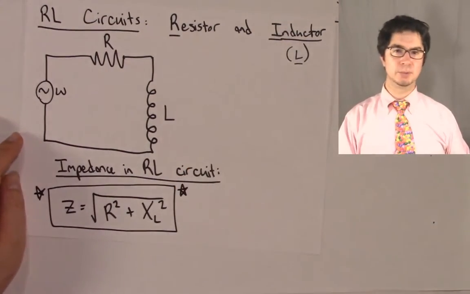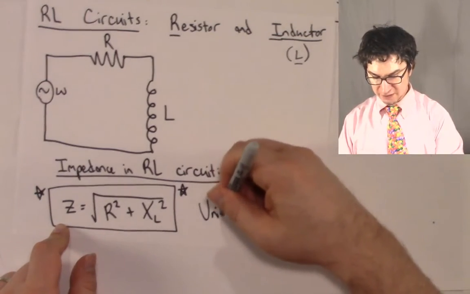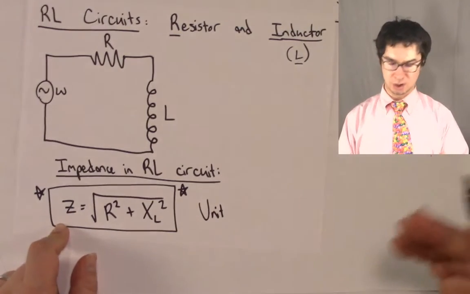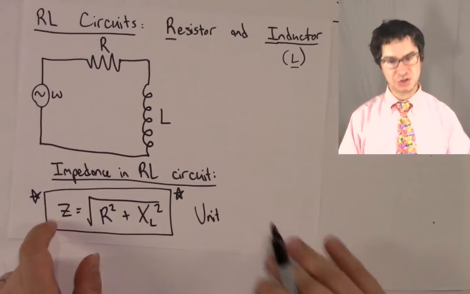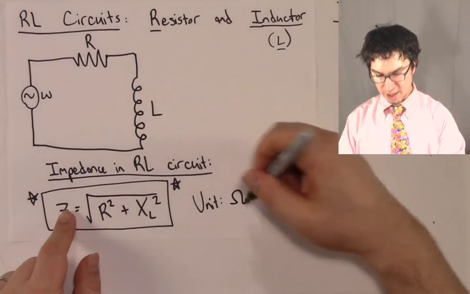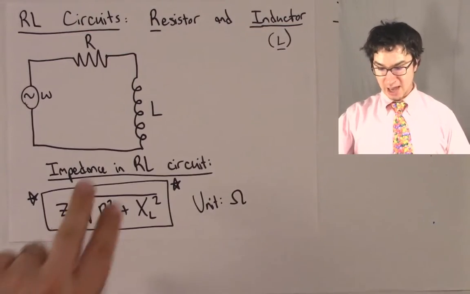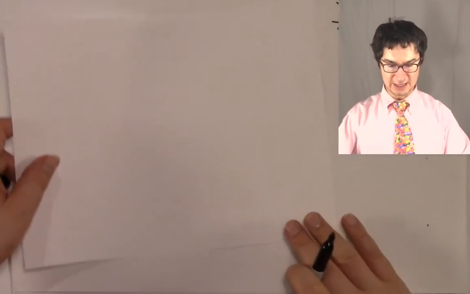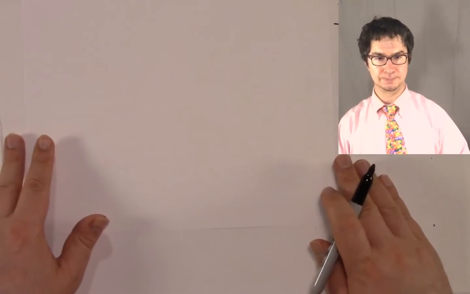And I want to take a moment to really emphasize that because the unit for all of these quantities, the impedance, the reactance, the resistance, is the ohm, they all behave like resistors. And because they behave like resistors, you really have to keep this equation in mind. You have to remember Ohm's law.